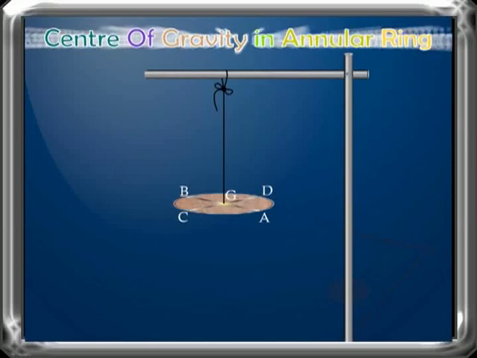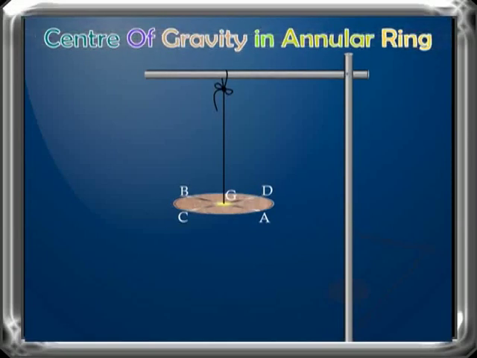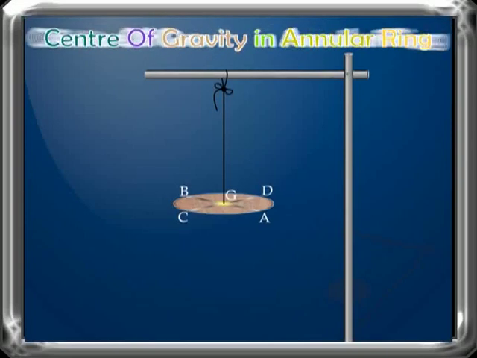Suspend the lamina through the point G by a thread. The lamina remains horizontal. Therefore, the geometric center G is the center of gravity in circular bodies. On observing all these examples, you can understand an important thing, that for all regular shape bodies, the geometric center is the center of gravity.